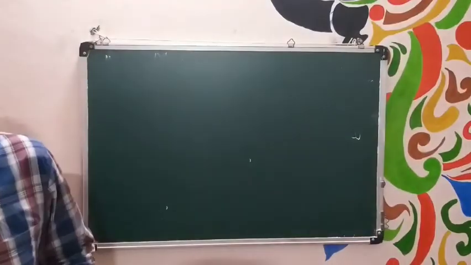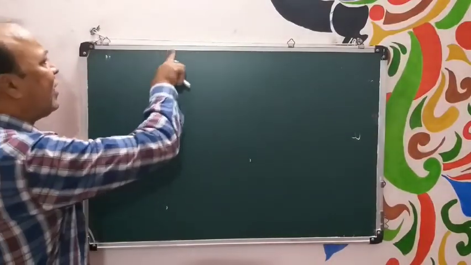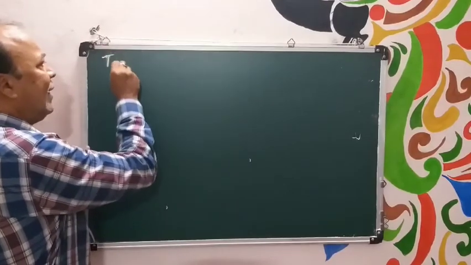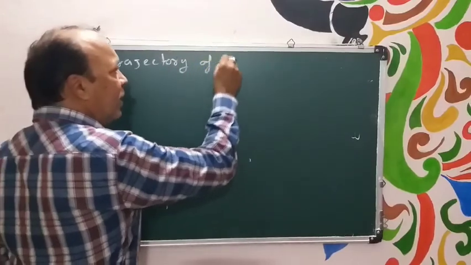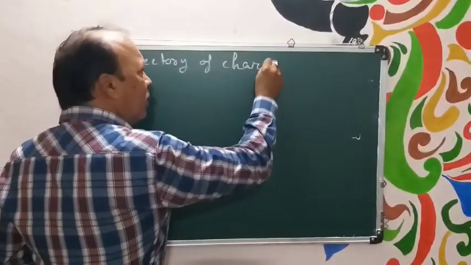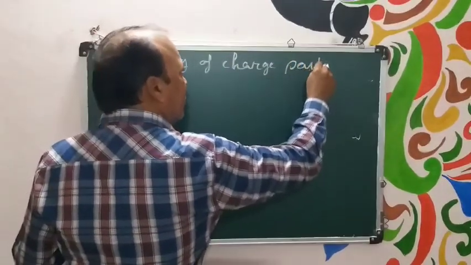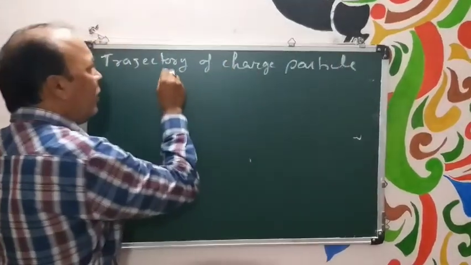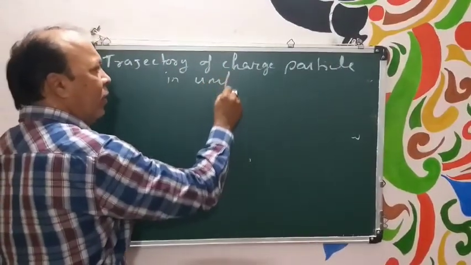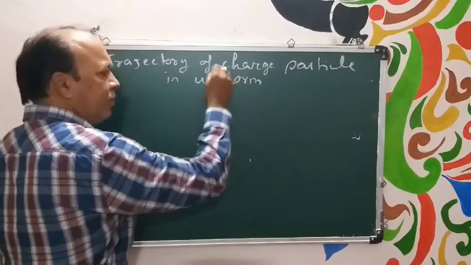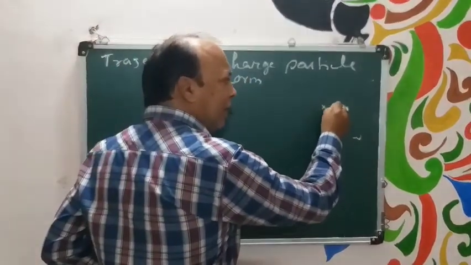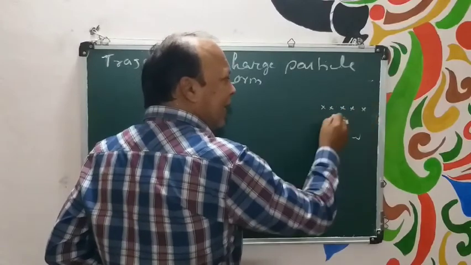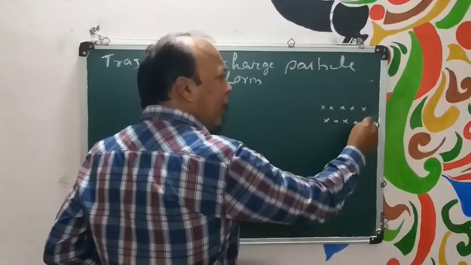Now think about trajectory. Trajectory किस तरह की trajectory होगी? Trajectory of a charged particle in a uniform magnetic field. Think about its trajectory. Suppose this is any external magnetic field which is directed normal to the plane of paper.